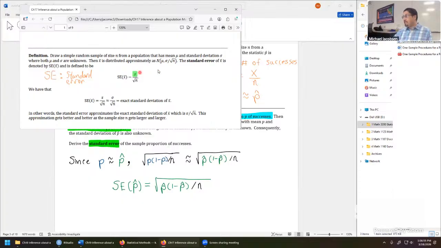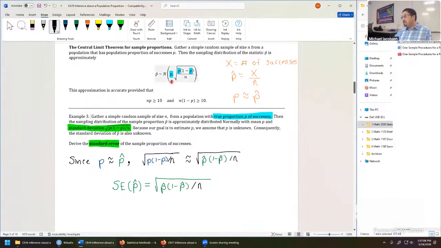We plugged it in, and that was our standard error back in the land of quantitative data. The logic's the same, but the landscape's a little different. This is a one-parameter family distribution, yet we still go to the standard deviation, make an approximation with the statistic, and pick up the standard error.